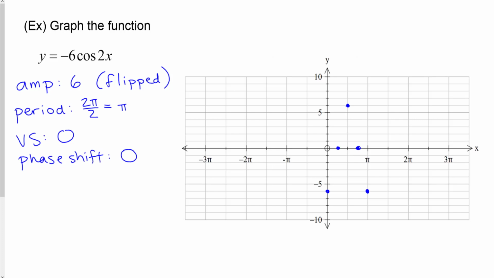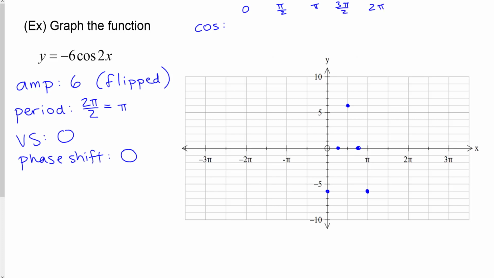And a way you could tell that for sure, if you're not quite sure exactly how I'm going about this, you could sketch it out. You know that cosine, its points of interest are 0, pi over 2, pi, 3 pi over 2, and 2 pi.